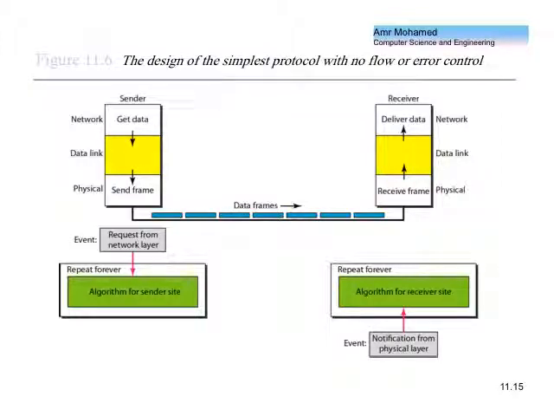To study these protocols in a bidirectional manner is rather more complicated. And that's why we will take one direction, okay? And then the bidirectional case is just the same protocol but working in both directions at the same time.